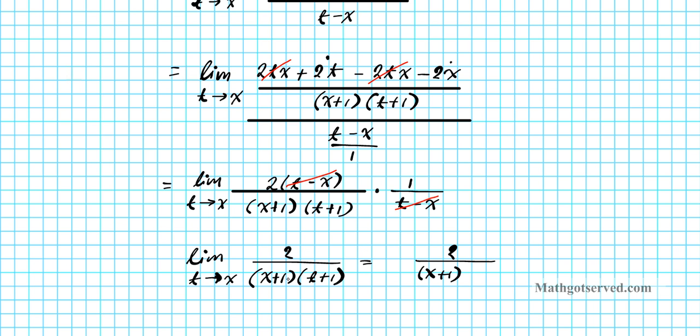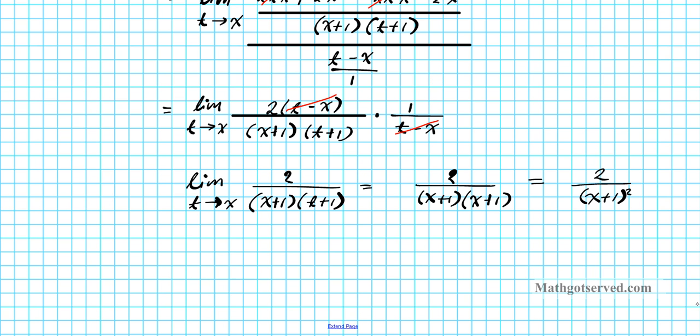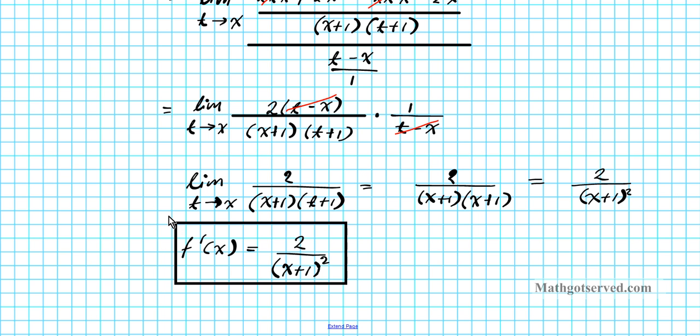Now this t, I'll replace it with x because that's what t is approaching, over x plus 1. So that becomes, we can condense it into 2 over x plus 1 quantity squared. Alright, so our derivative f prime of x is equal to 2 over x plus 1 quantity squared. Okay, so there you have it. Alright, let's just box that because it's the final answer.